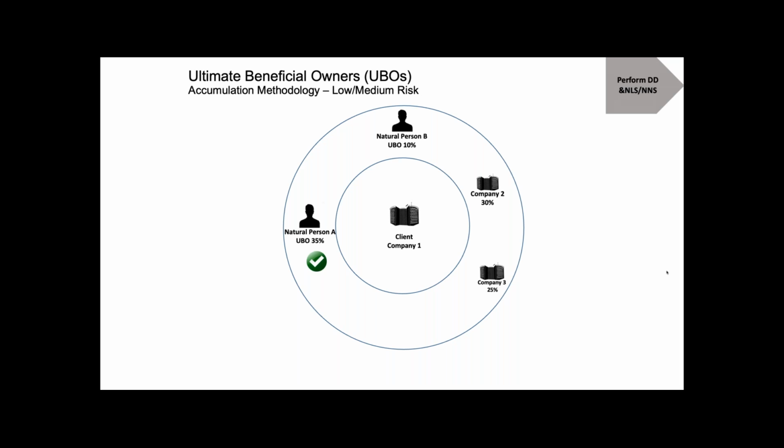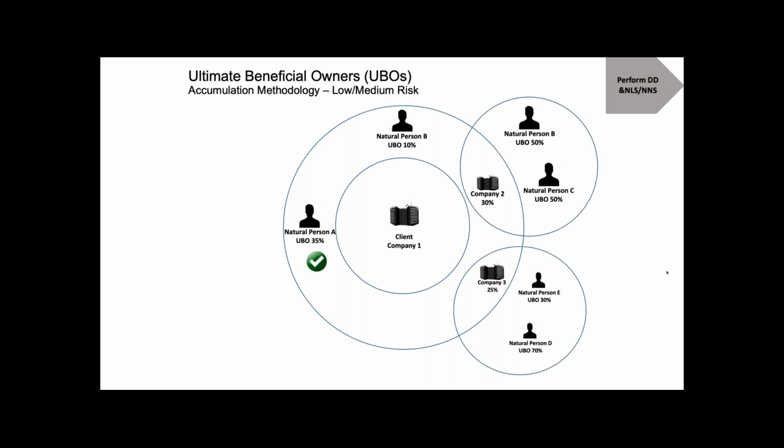Or there could be 2 or 3, where one person owns 25% and the rest share the remaining 5%. Or in company 3, one person might own the entire company. But if we don't drill down, we don't know. It could also be that natural person B is sitting in one of those companies indirectly, owning 10% here, then owning another stake elsewhere. If you add it together, he might reach the 25% threshold.